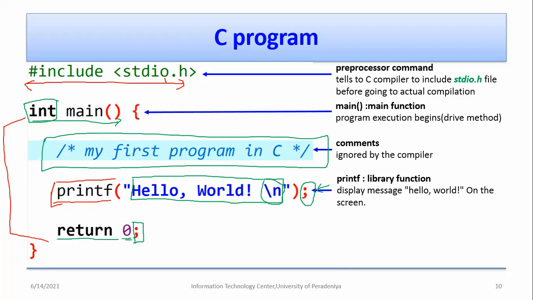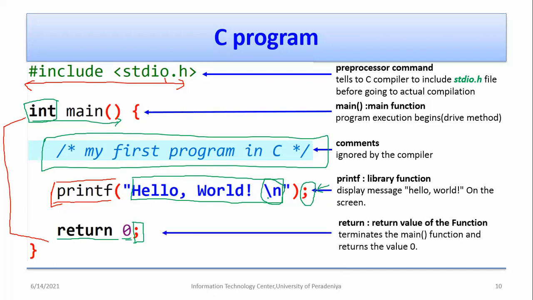Here \n means go to the next line. After this message I mentioned go to the next line. And then here I return, this is the termination line of the main function. Here I return the value 0, and then here I end the main function.